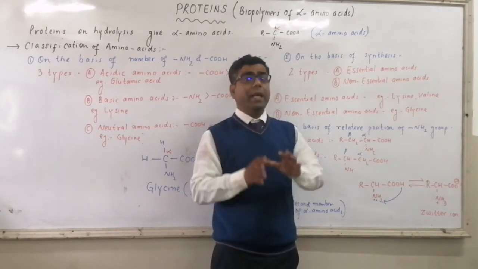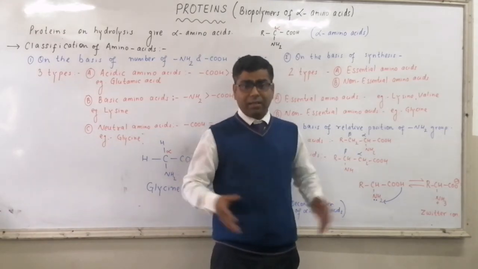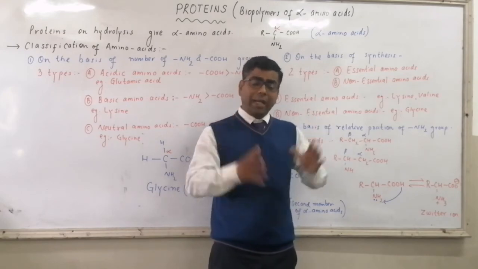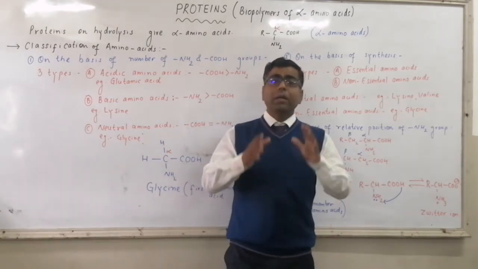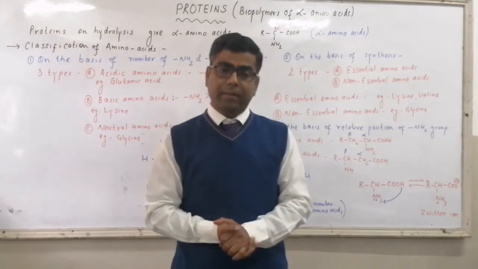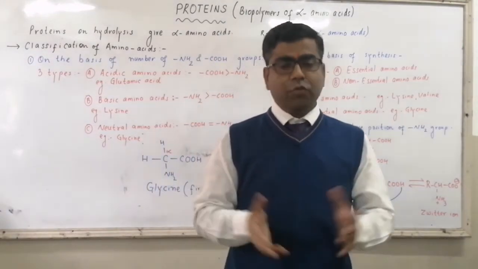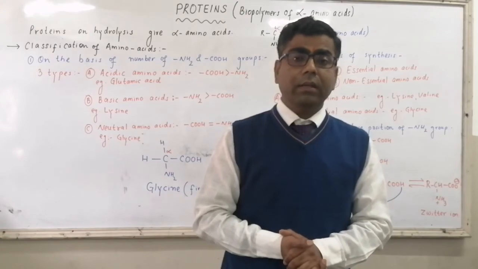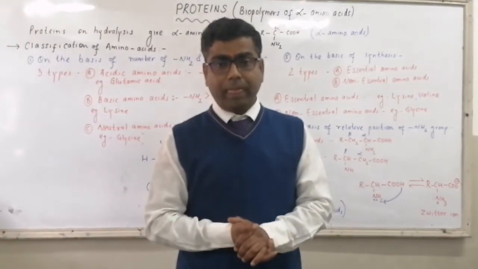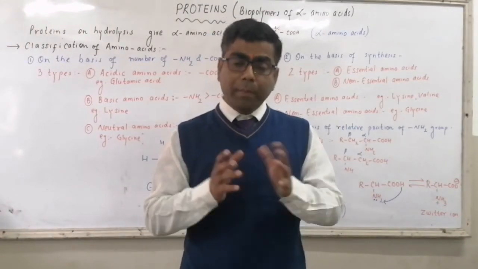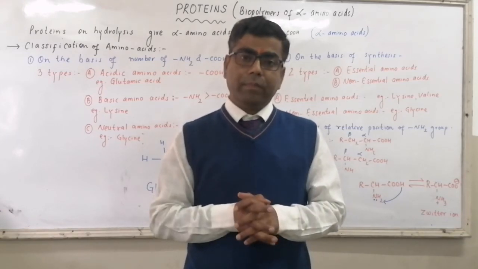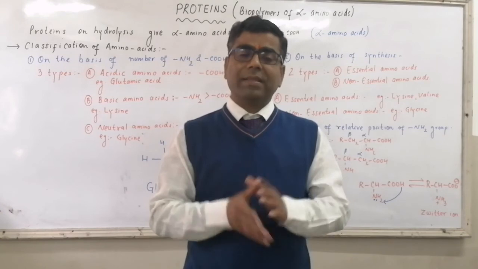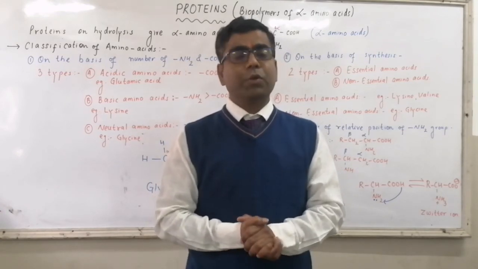We get a dipolar ion, with plus and minus charges. This dipolar ion is called a Zwitter ion. It is formed in the aqueous state. So remember, in the presence of water, the alpha amino acids exist in the form of Zwitter ion.